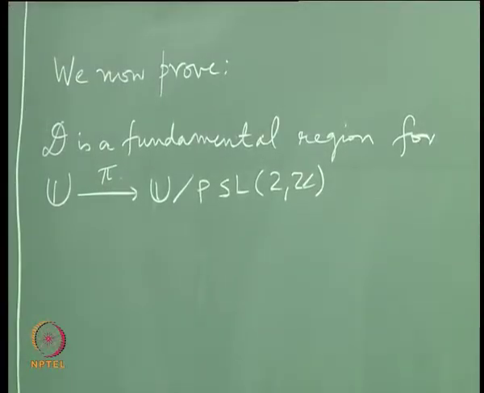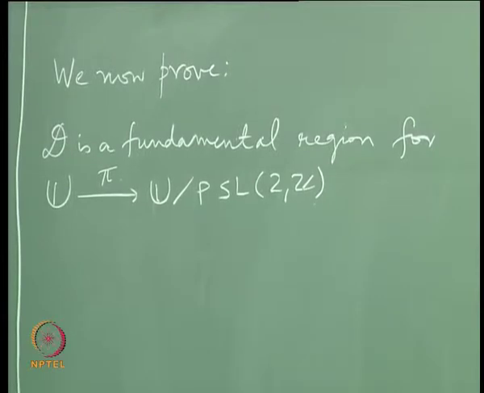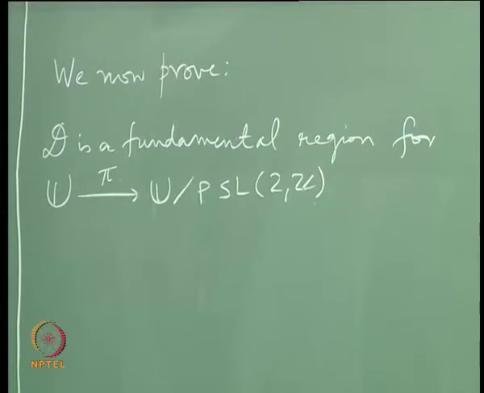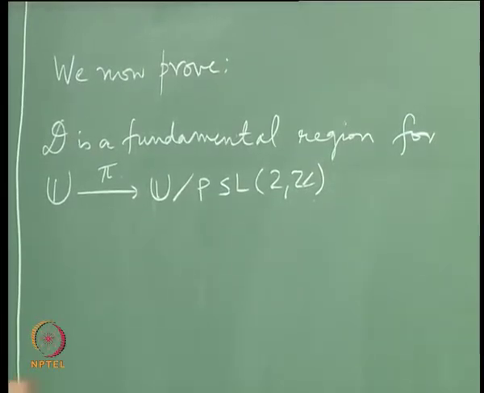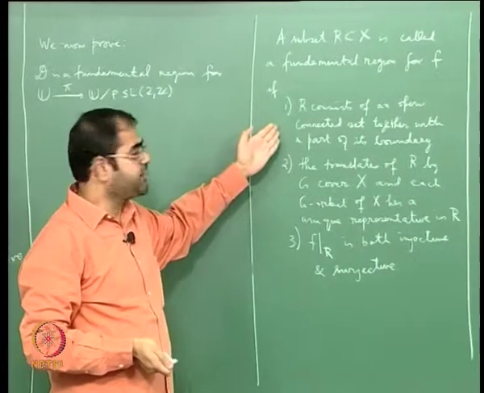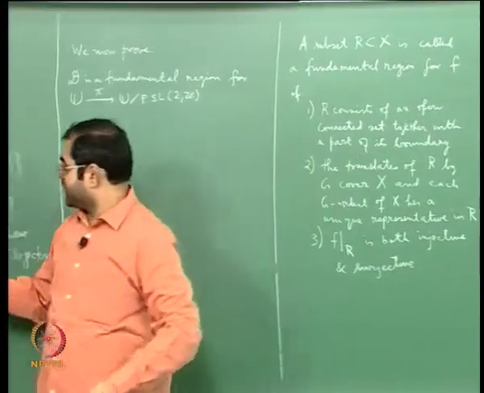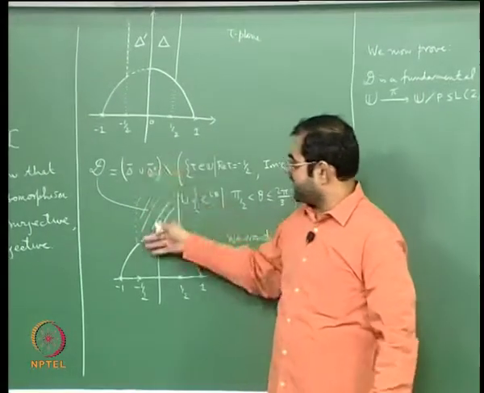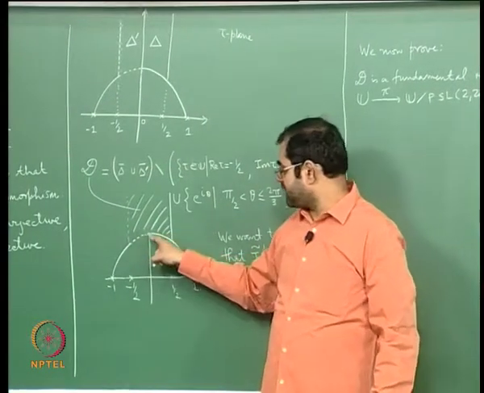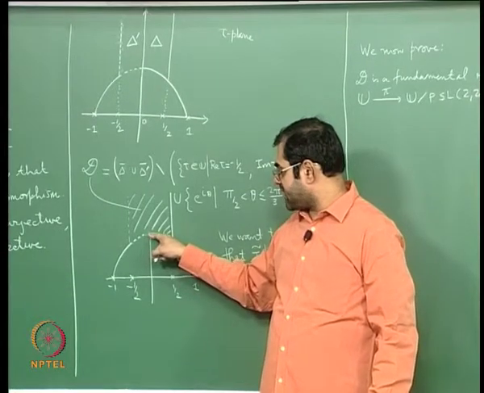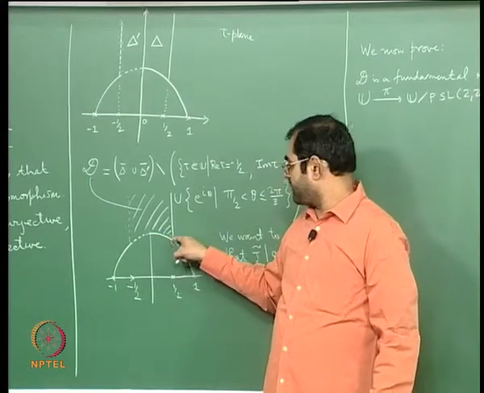So the first thing I need to show is that of course the first condition is satisfied by D. It is an open connected set together with a part of its boundary. So D is an open connected set, and what I have included apart from the interior is a part of the boundary, namely this arc of the unit circle followed by this ray.